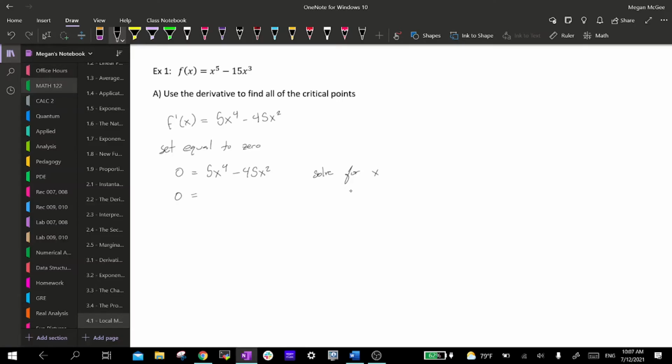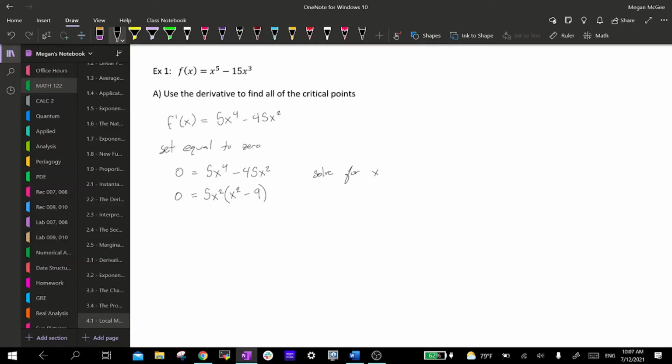Well, we have a common factor of 5 and a common factor of x squared. So we can pull out a 5x squared. In our first term, that will leave us just with an x squared. And in our second term, 5 times 9 is 45, so we need negative 9. And we pulled out the x squared, so negative 9 is all we need there.